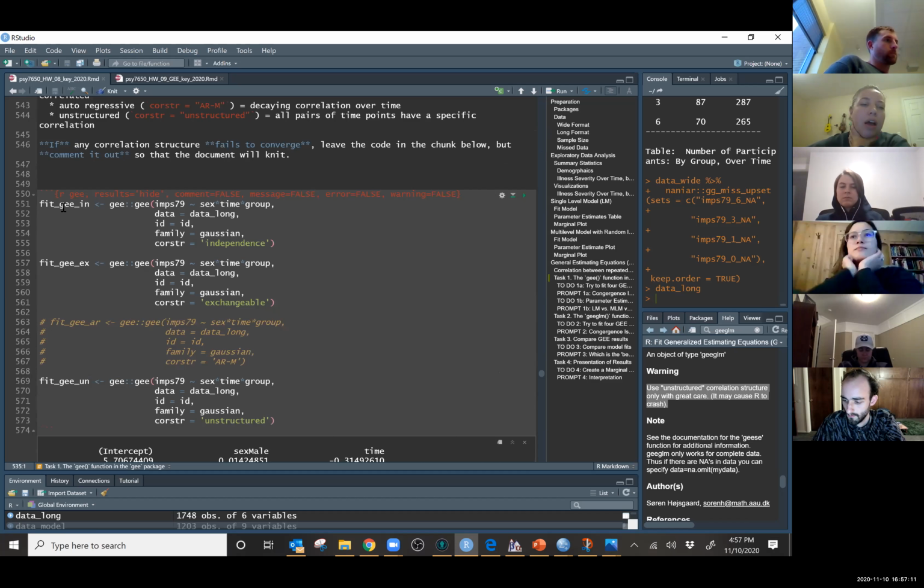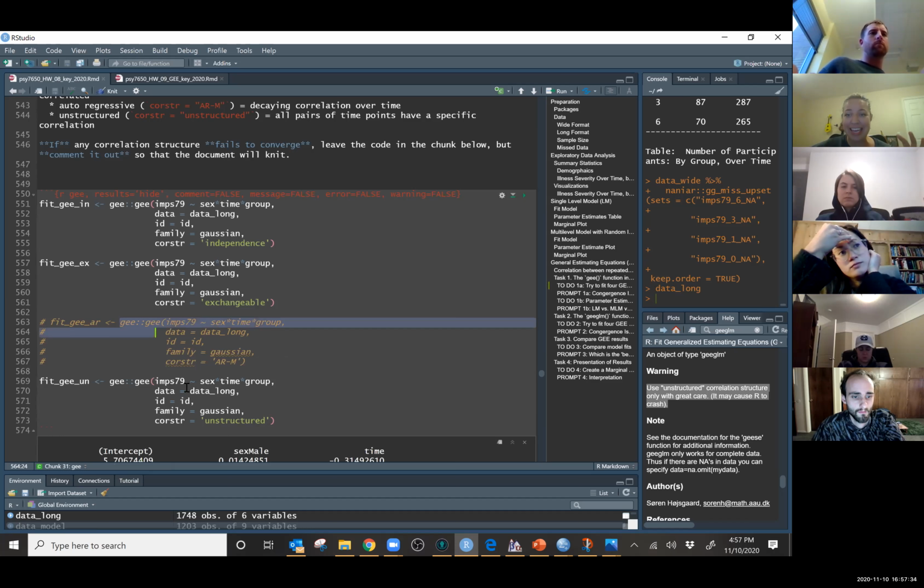So in homework 8, the GEE models all have the same predictors. All of these models have the same 3-way interaction between sex, time, and group. They differ according to the correlation structure, not the predictors. And in this one, autoregressive fails because GEE cannot handle having a person with only 1 observation.